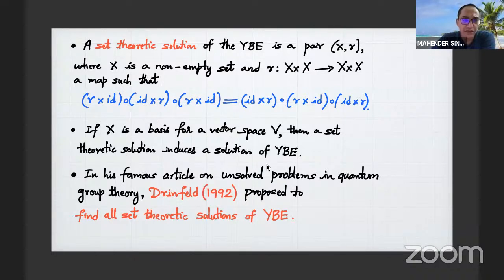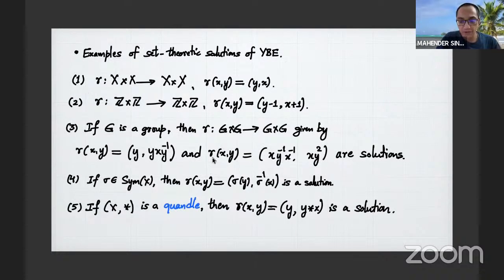This question has really attracted a lot of attention from mathematicians, particularly because of the braid equation appearing there. And the last decade has really seen a lot of progress in this. So I will say a couple of things about that.